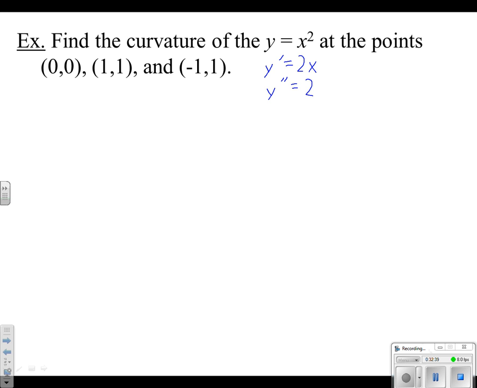So the curvature is equal to the absolute value of the second derivative, that's just 2, over 1 plus f prime squared, all to the 3/2 power. If I clean this up just a little bit, I get 2 over 1 plus 4x squared, all to the 3/2.